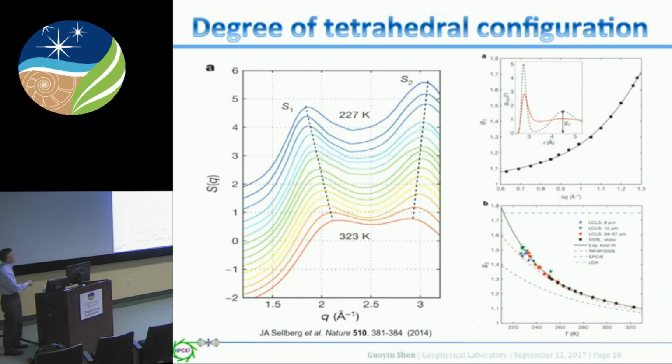No, they actually didn't report the raw data, so I cannot do that. But here the first peak and second peak are well separated, and we are also well separated. So that's what we can say at this point.